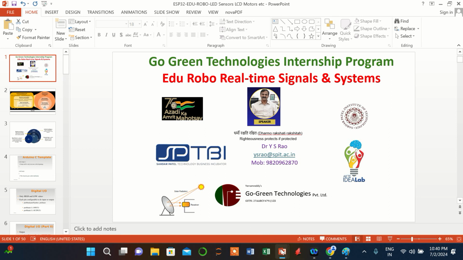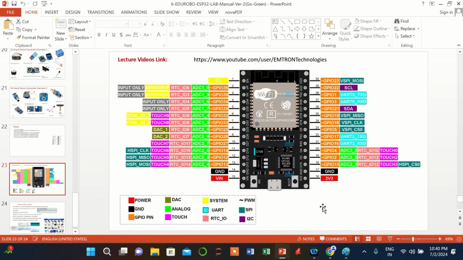If you look at the controller, particularly the one we are using in this internship program, EDU-Robo, we have used the ESP-32, which is a 30-pin controller.